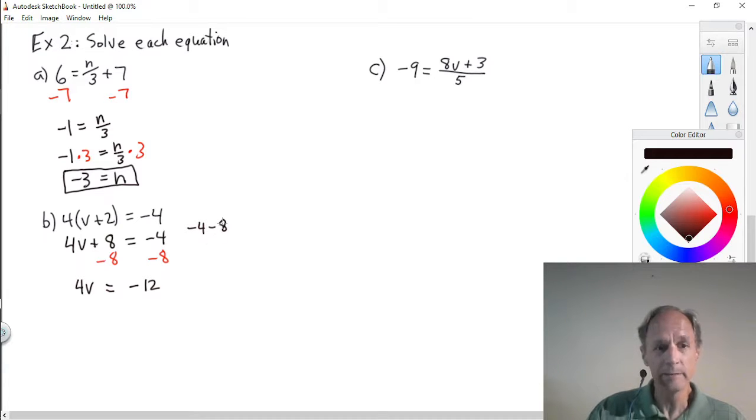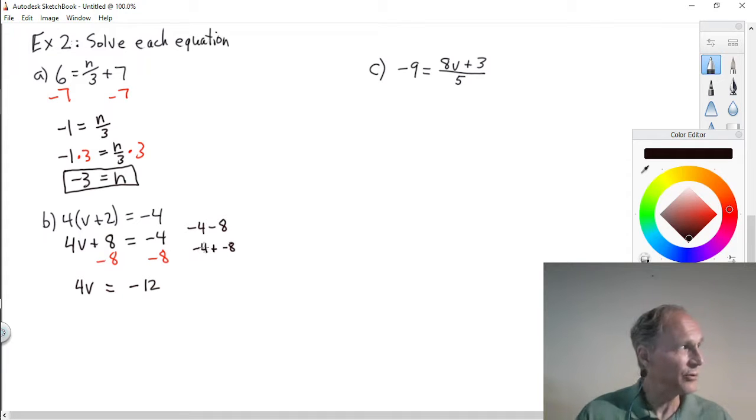It's got a couple negative signs, and we might get confused. Let's change it into addition. Instead of subtracting 8, we're going to add negative 8. Okay, well now we're just adding 2 negative numbers, right? And we know if we add 2 negative numbers, we get a negative number, which is negative 12.